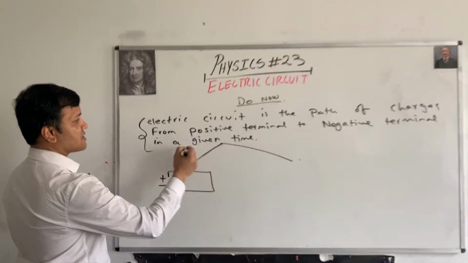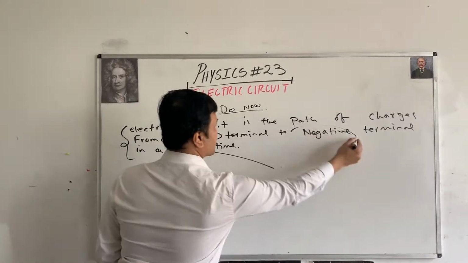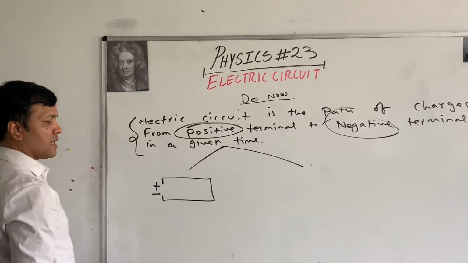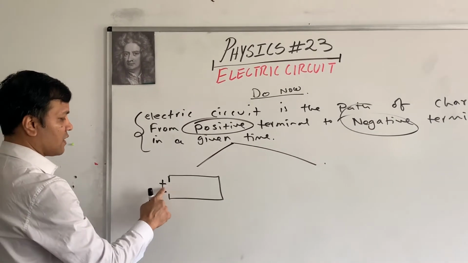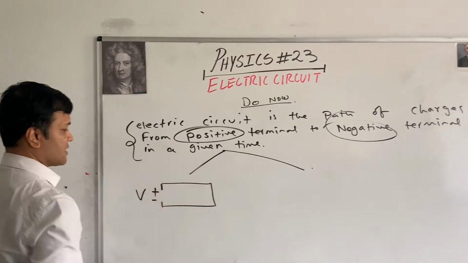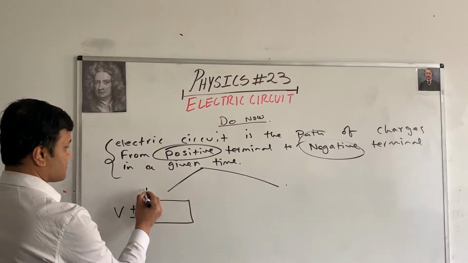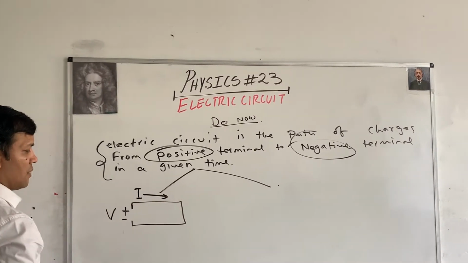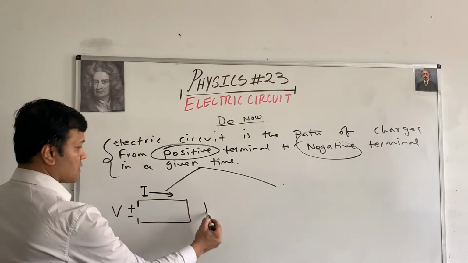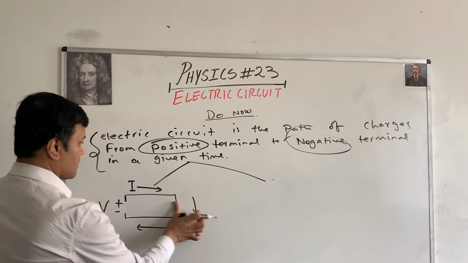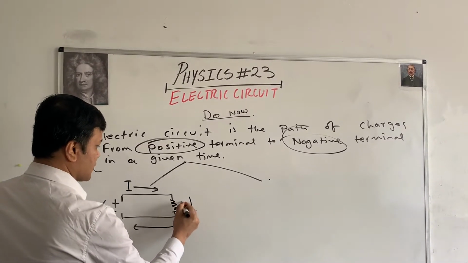What else are we gonna have? Voltage. What else? Current, and maybe a resistor. Current goes from positive to negative.